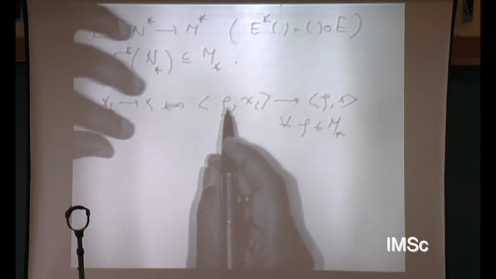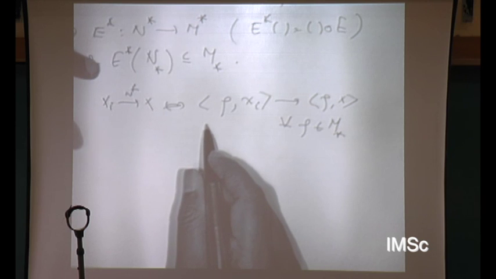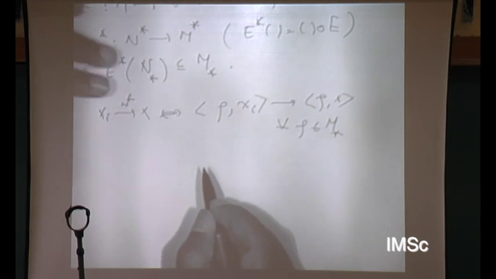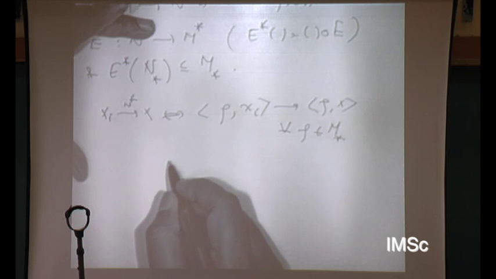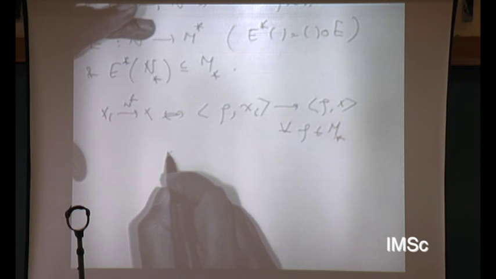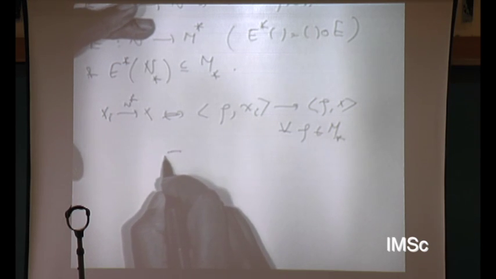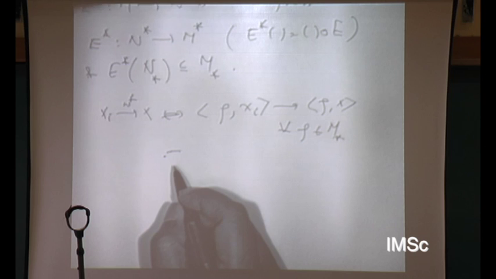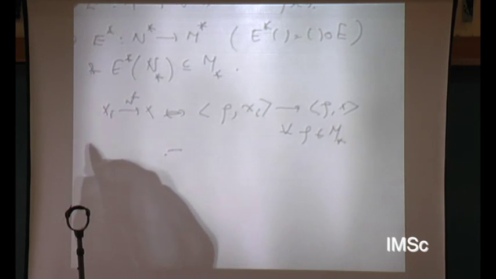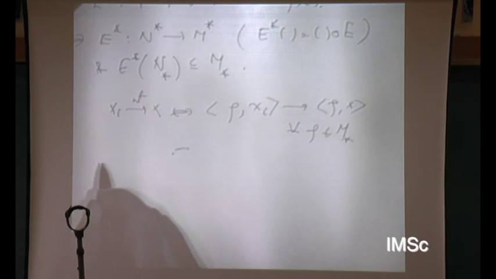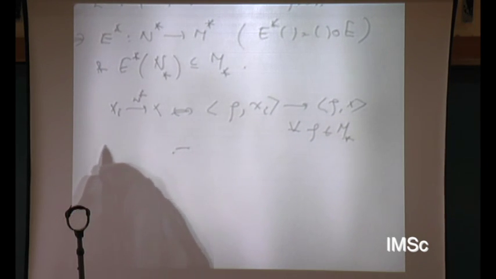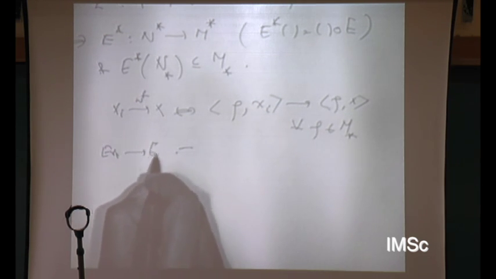But in particular, if I choose this rho to be the image of E star, see, sigma weak continuity means you want E of xi to converge to E of X.